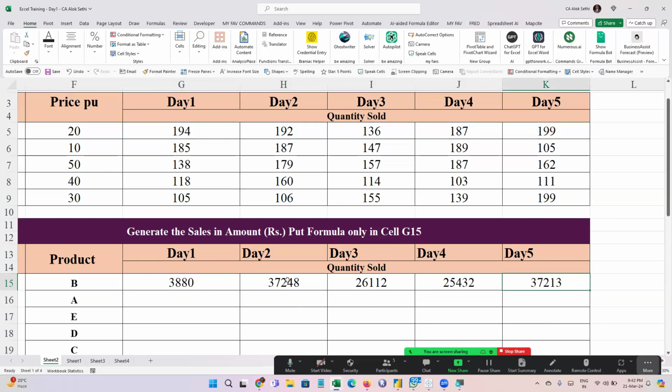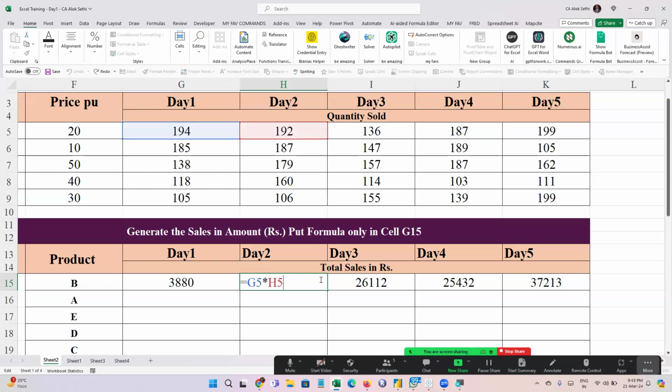But are we getting the right answer? Is this the right amount of sales? No. Why no? What has happened which should not have happened? It's not multiplying it with the price. It is actually happening with the last two columns.